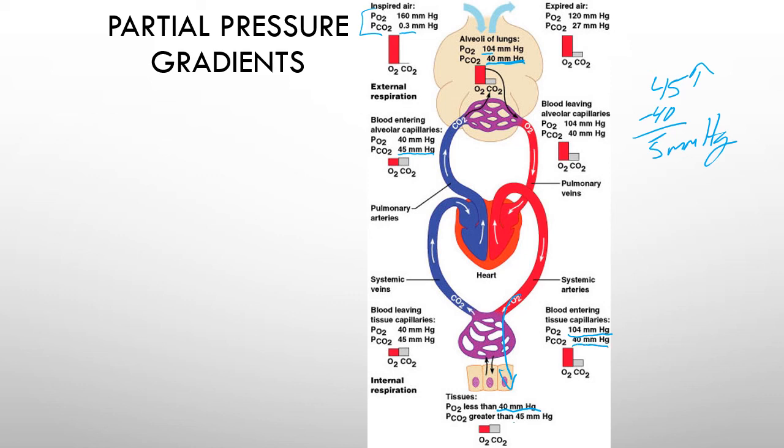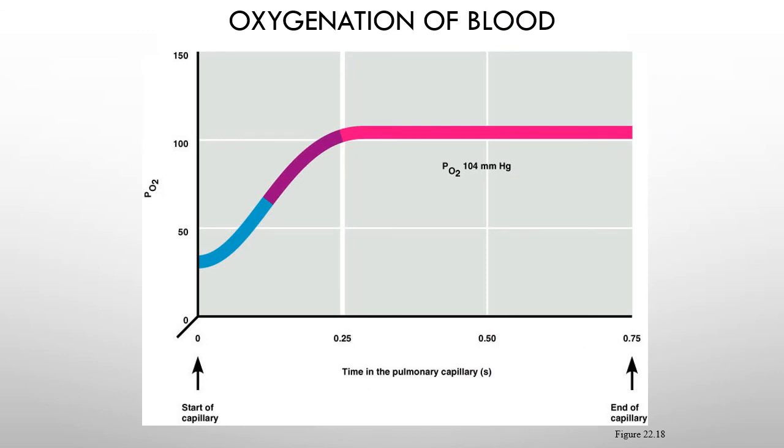In the tissues, it's 45 millimeters of mercury or greater, depending upon the tissue's work at that time. If that tissue is doing more and more work, that CO2 level may be even higher, and it's going to drive more of that CO2 out of the tissues and into the capillaries to make their way back to the lungs.